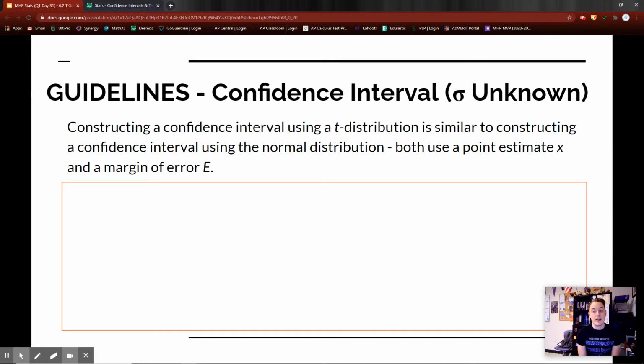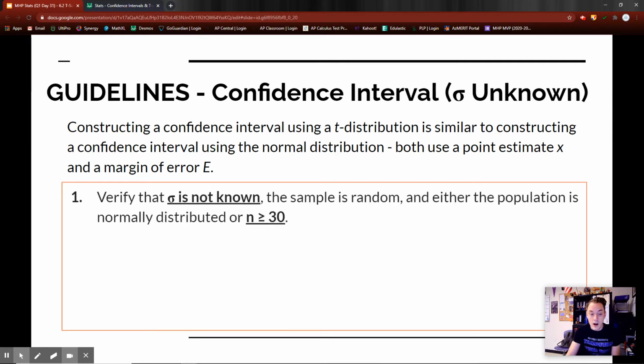Both use a point estimate, x bar, and a margin of error. So it's exactly the same. It's just that now we're going to use the sample standard deviation instead of the population standard deviation, and I need to adjust my degrees of freedom. Literally, that's it. Everything else stays the same. But here are the guidelines. First of all, you need to verify that your standard deviation is not known.